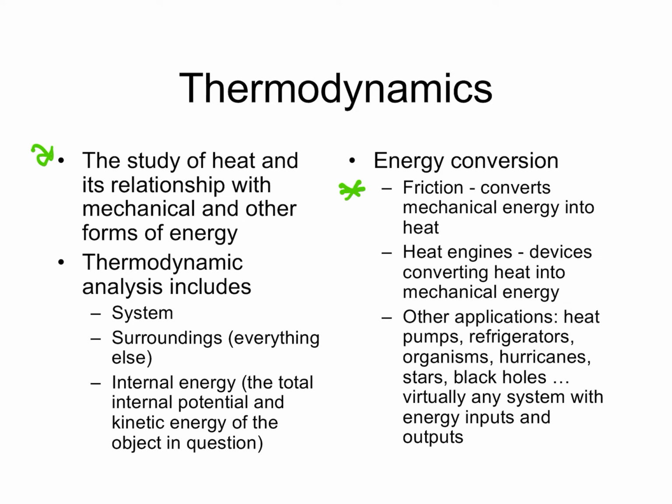We looked at that in the chapter when we were showing how moving something could make heat. Heat engines are devices that convert heat into mechanical energy. And then other things that are used for thermodynamics, like heat pumps, refrigerators, organisms like us, hurricanes, stars, all kinds of things.